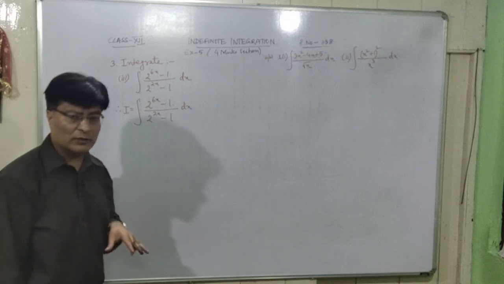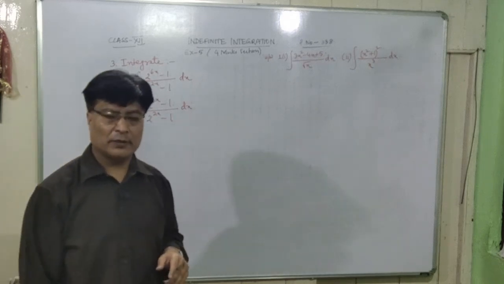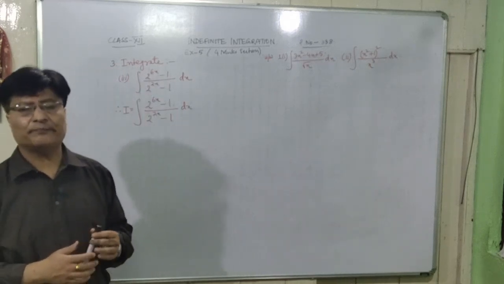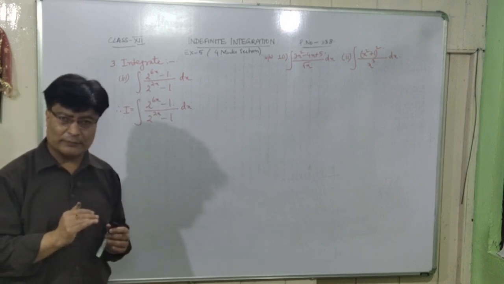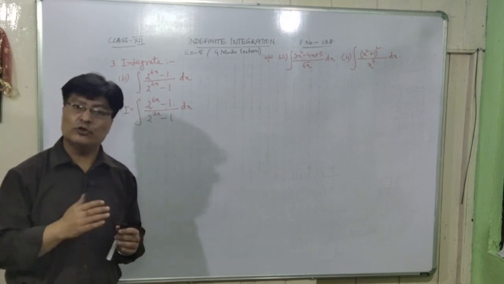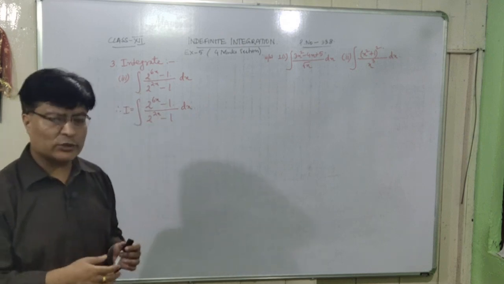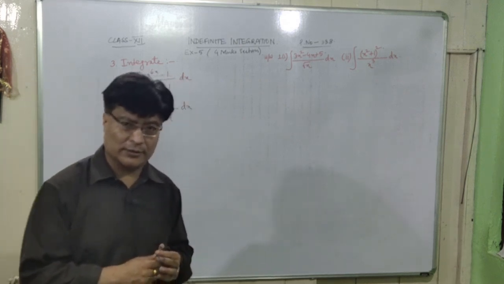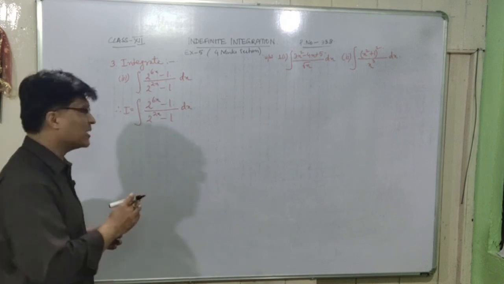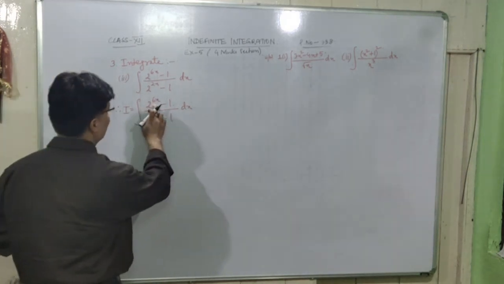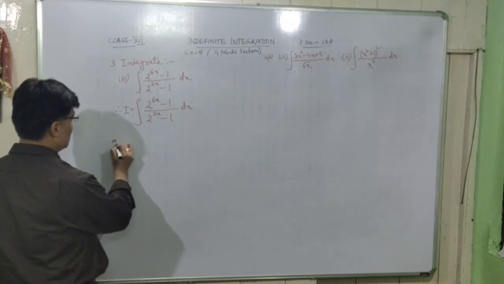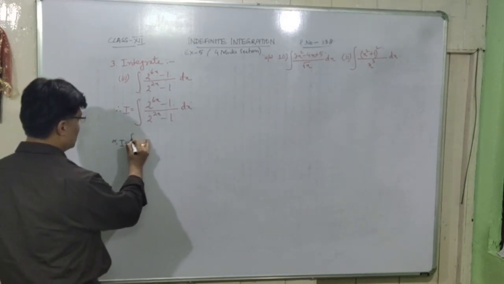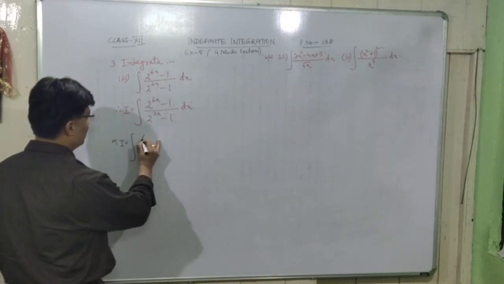So first of all, you have to simplify this fraction. So how can you simplify this fraction? Either you can divide the numerator by the denominator, or you may factorize the numerator also. So let's do the factorization method. Okay, so now in this case, in the numerator you can use the formula a cube minus b cube, right? So or I is equal to integration of, what is a whole cube?